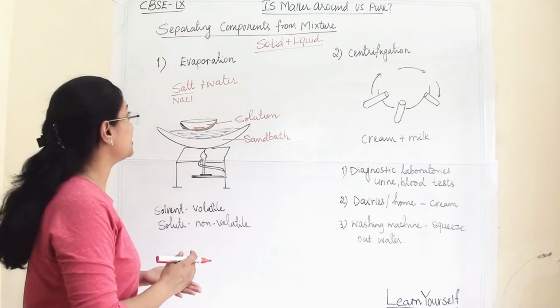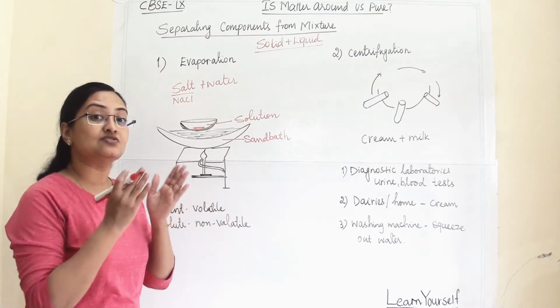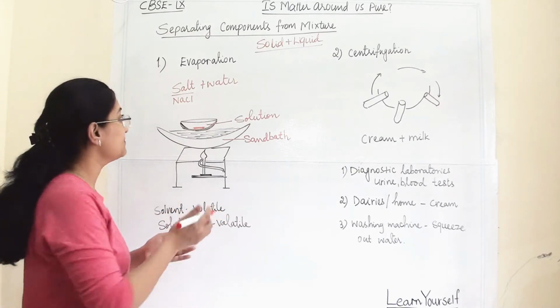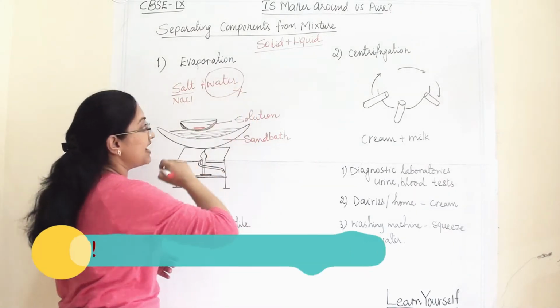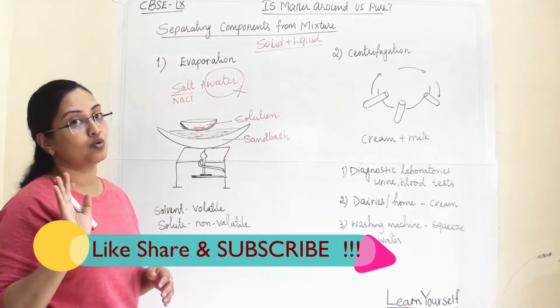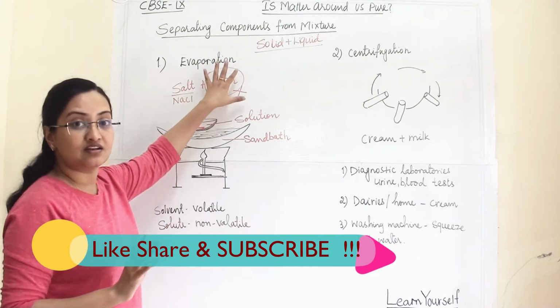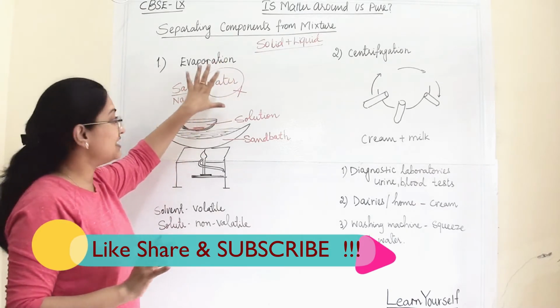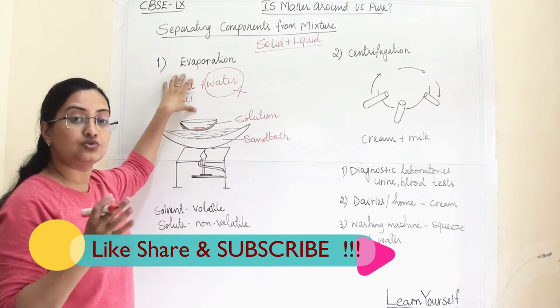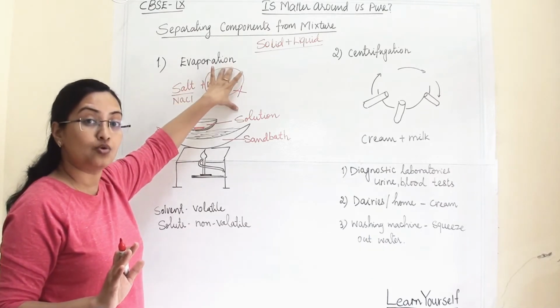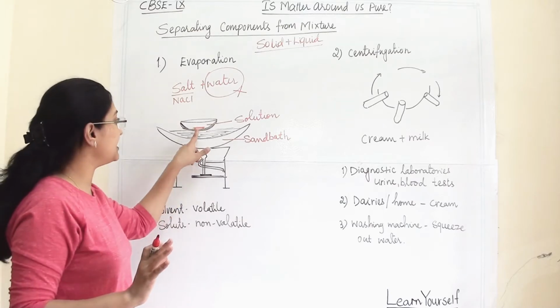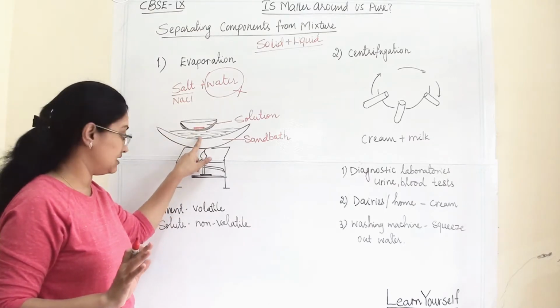But through evaporation, when we are separating solute and solvent, we lose the solvent at the end. We will not get our solvent back because we are using this technique to recover the solute. We will only get our solute at the last.